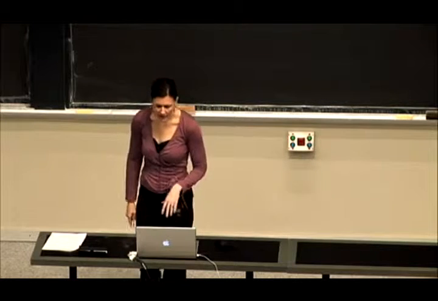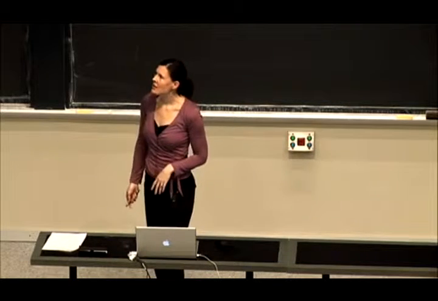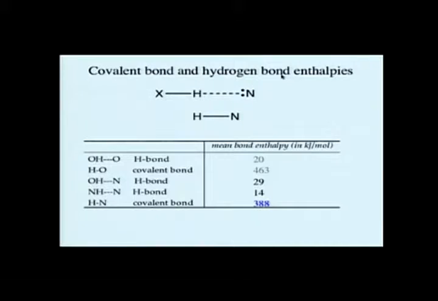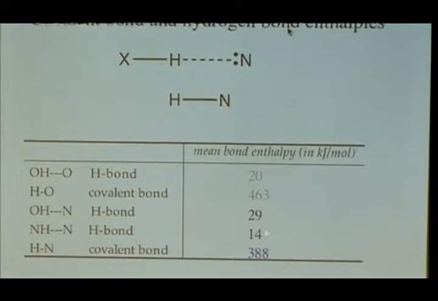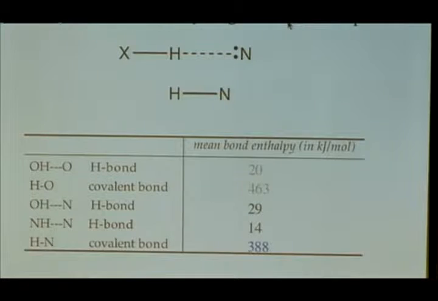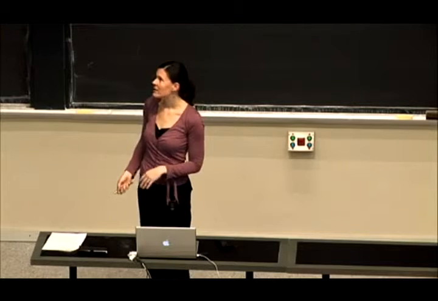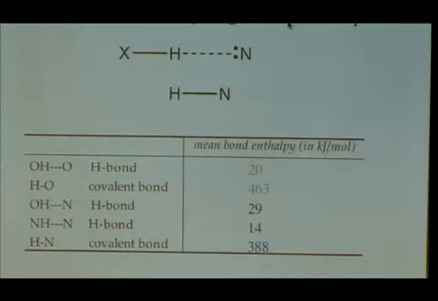Similarly, if we look at nitrogen, for nitrogen-hydrogen bonds, if we have an OH bound to a nitrogen, that's 29 kilojoules per mole. If it's an NH hydrogen bond to a nitrogen, that's 14 kilojoules per mole. And if we're talking about an HN covalent bond, now we're talking about 388 kilojoules per mole.